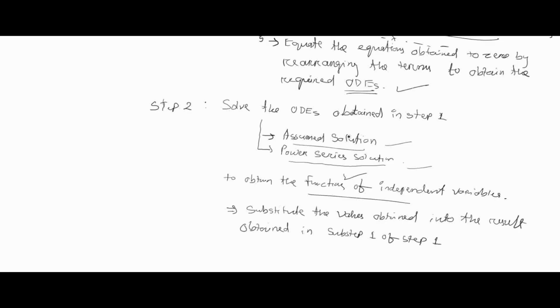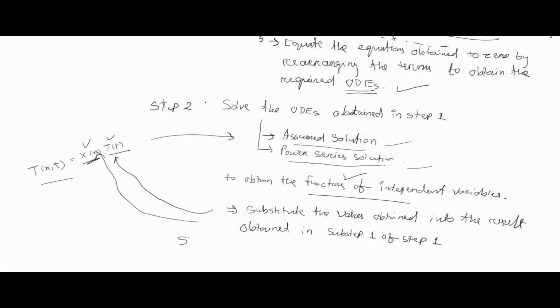In that substep, what we obtained is psi(x,t) is equal to X(x)T(t). Here the values of X(x) and T(t) are obtained in step number 2 by using the assumed solution method and power series method, and after obtaining these values, we again substitute them here and find the product. Clear? In this way we will obtain a general solution for psi(x,t).